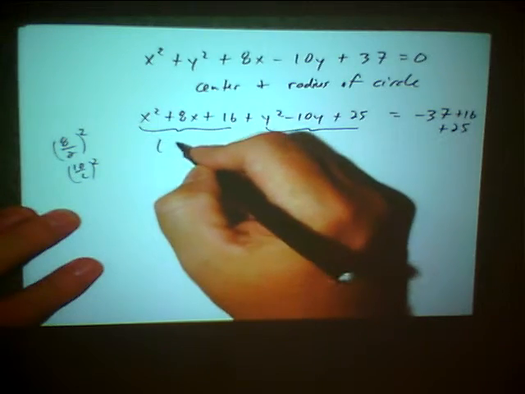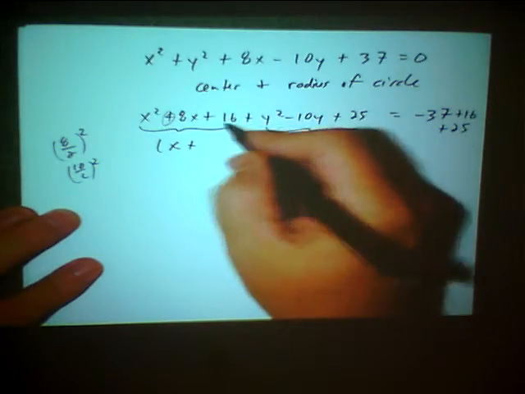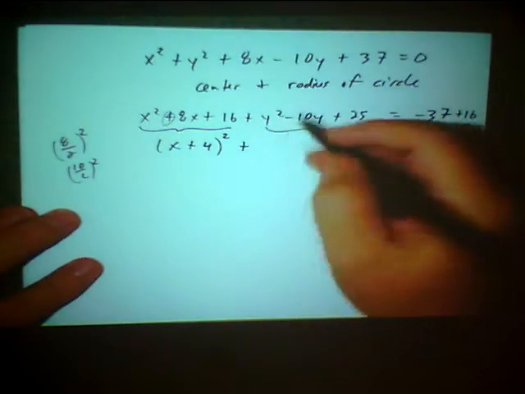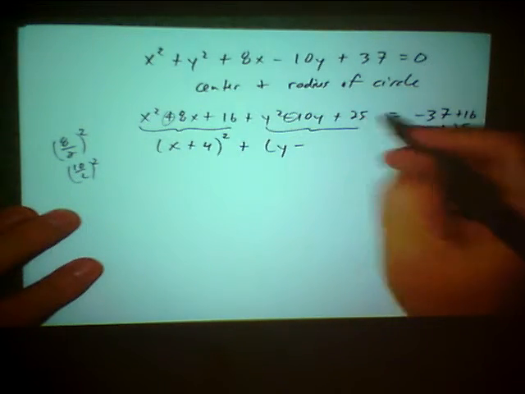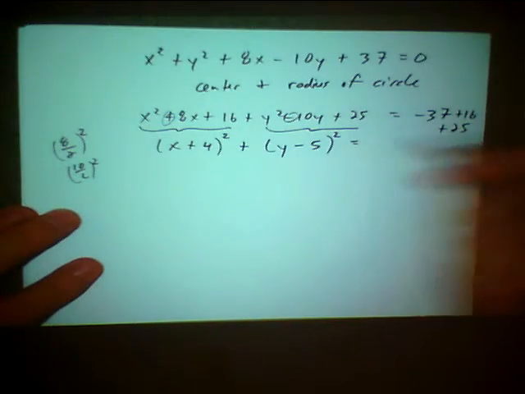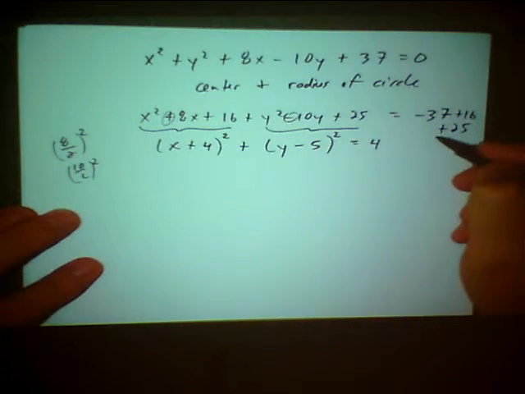For the x, it's (x plus the square root of 16, which is 4) quantity squared. And for the y, it's (y minus the square root of 25, which is 5) the whole thing squared. And on the right-hand side, I add these numbers together. Negative 37 plus 16 is negative 21, plus 25 is 4.